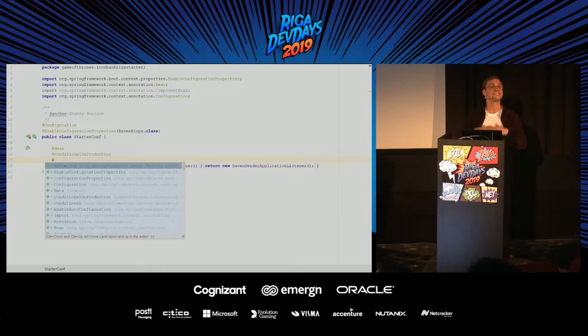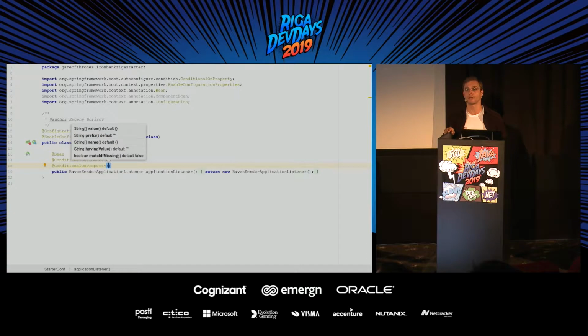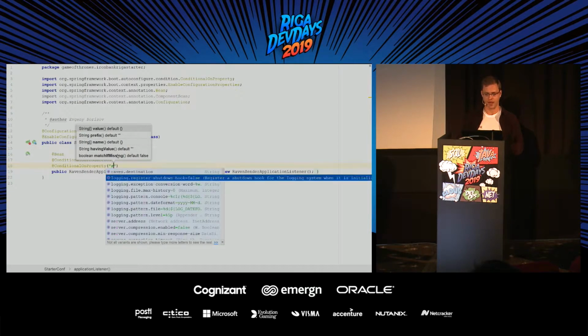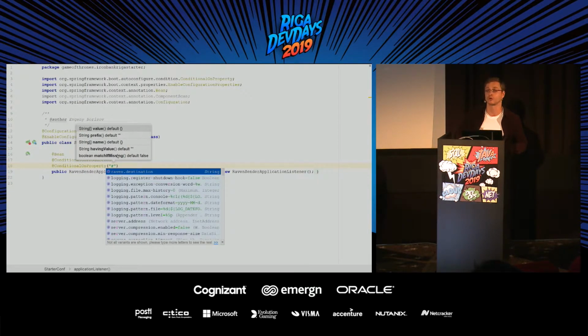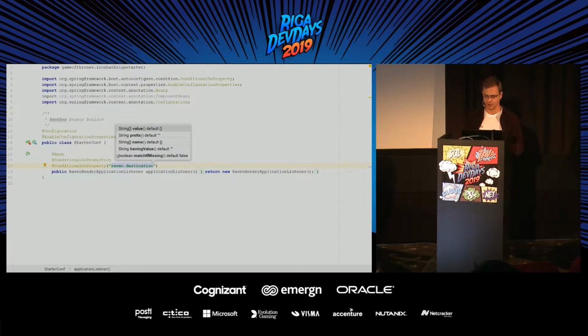So I can use an existing conditional annotation. It's called ConditionalOnProperty. And ConditionalOnProperty can take from me the name of the property which must exist for this bean to be created. So raven, and you see, I have auto-completion already now, because I already did Maven install, and this JSON file was already generated. So this is our condition.